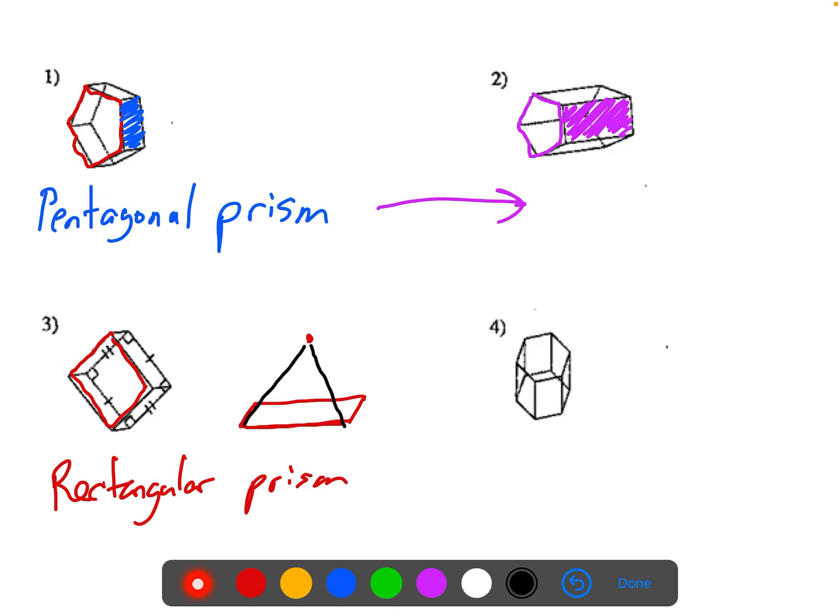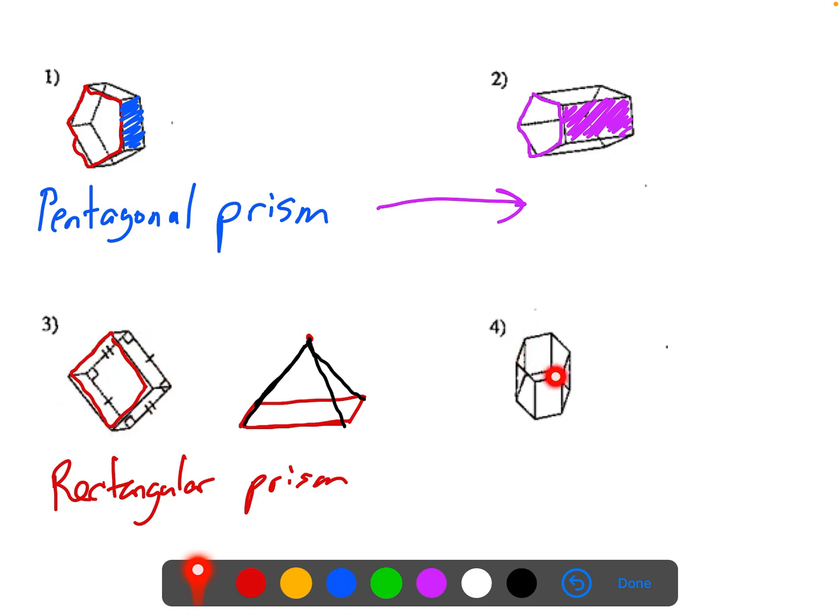We would have all of these sides connecting at this point. Then we would have a pyramid because we have triangular sides instead of rectangular sides. So that would be an example of a rectangular pyramid. This is what makes it a prism, being all rectangles.